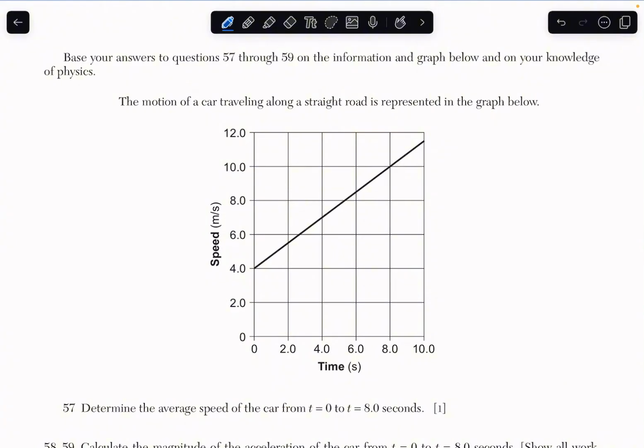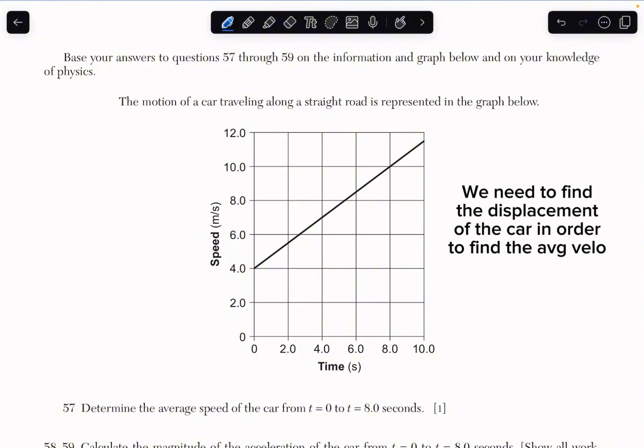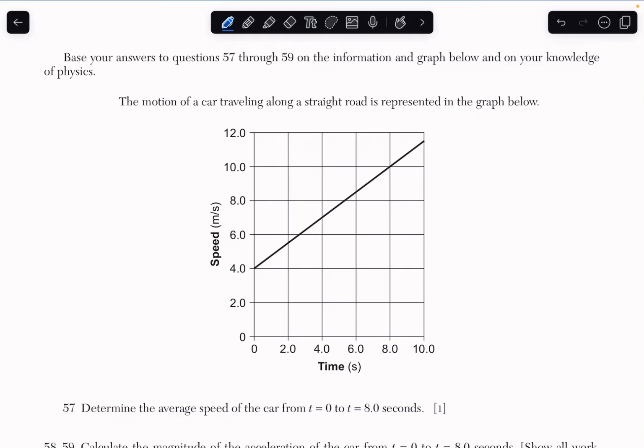So, this question is tricky if you don't remember how to calculate displacement with a velocity graph. Basically, you just have to find the area under the graph. Since we need to find the average speed from 0 to 8 seconds, we find the area under the line for that time. So we have to find everything in this little area.